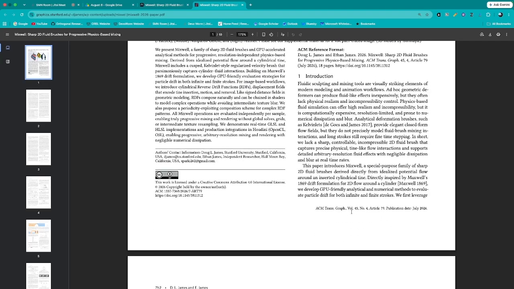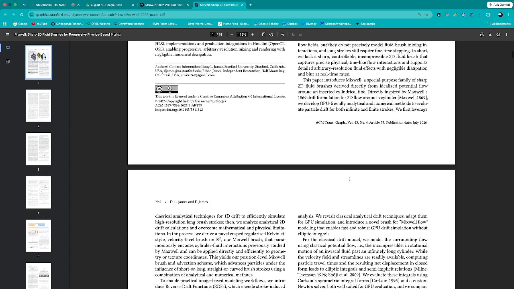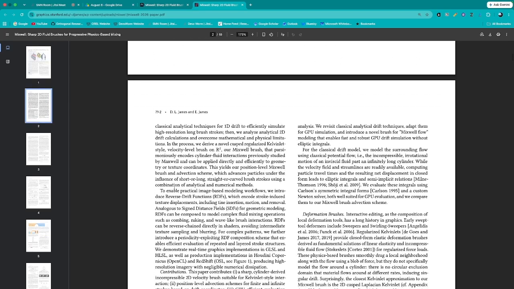So that's what Mixwell is serving the purpose of. It's a special purpose family of sharp two-dimensional fluid brushes derived directly from idealized potential flow around an inserted cylindrical tine. And then this is just kind of where they were drawing from in the abstract.